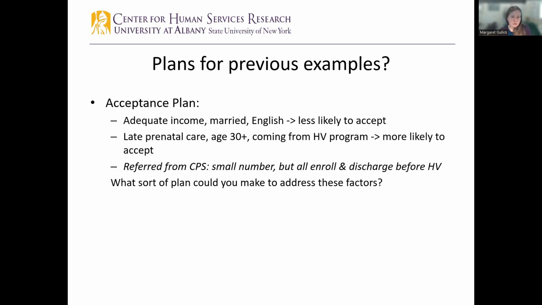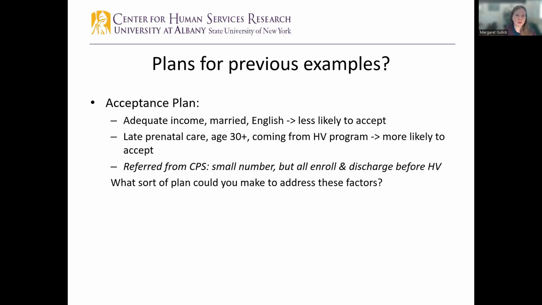So what would you do for a plan for your acceptance rate factors based on the data I showed before? The factors that we looked at were that if people had adequate income, maybe if they were married, if they were English speaking, they were less likely to accept enrollment in your program. But if they had late and inconsistent prenatal care, they were at least 30, they were referred in from a home visiting program, they were more likely to accept.